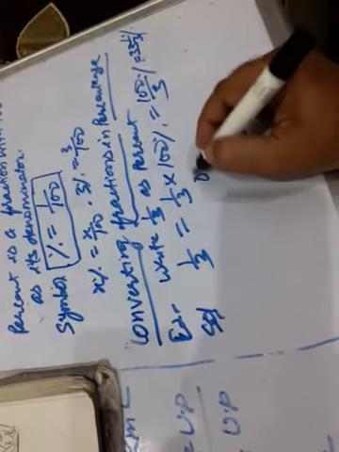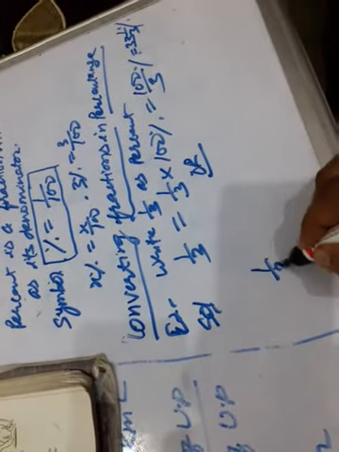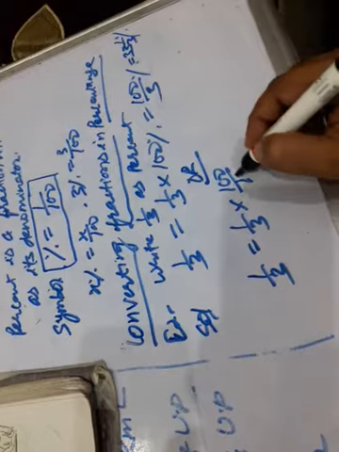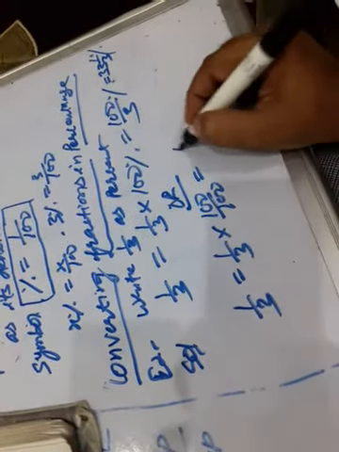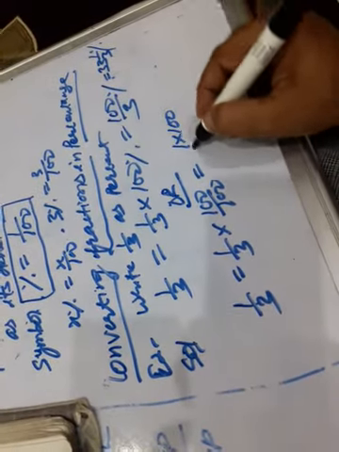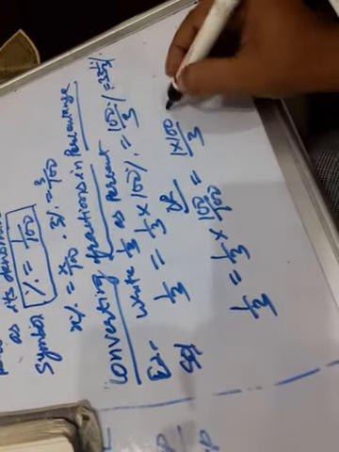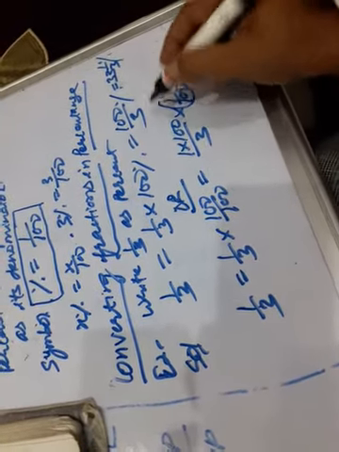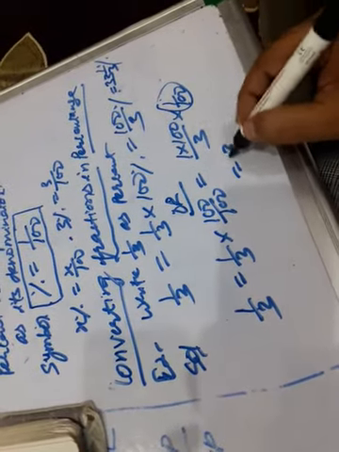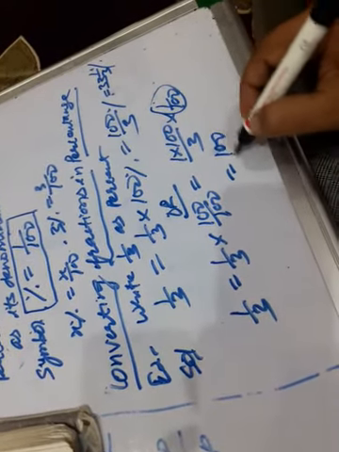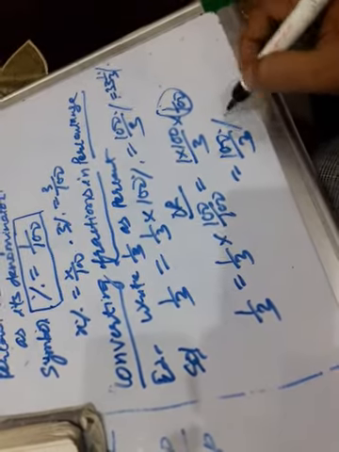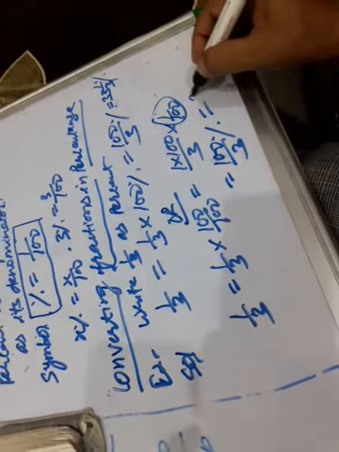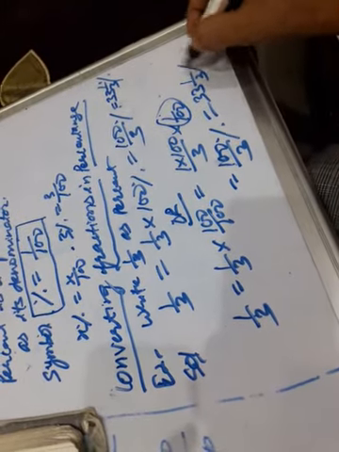Or another way you can convert it: 1 upon 3 equals 1 upon 3 into 100 upon 100. This is the second way, equal to 1 into 100 upon 3 and then 1 upon 100. Now this 1 upon 100 equals percent, so 100 upon 3 percent equals 33 and 1 upon 3%.